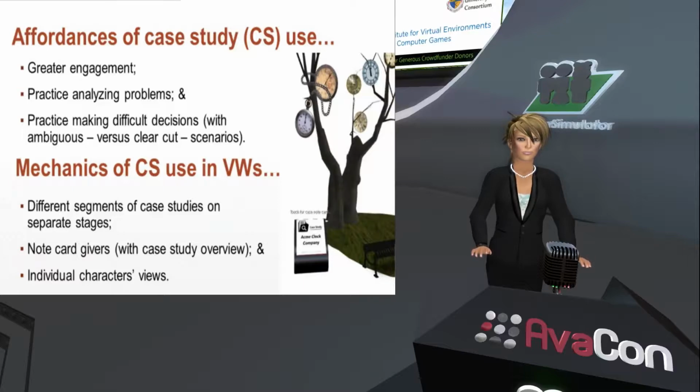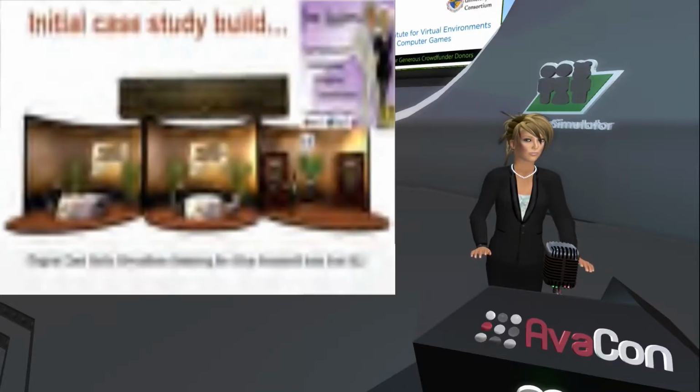Also, in world, I use note card givers to provide the case study overview, as well as the individual character views and motivations. And then finally, a key aspect of using case studies is providing students with discussion questions and forcing students to react to more than one outcome.